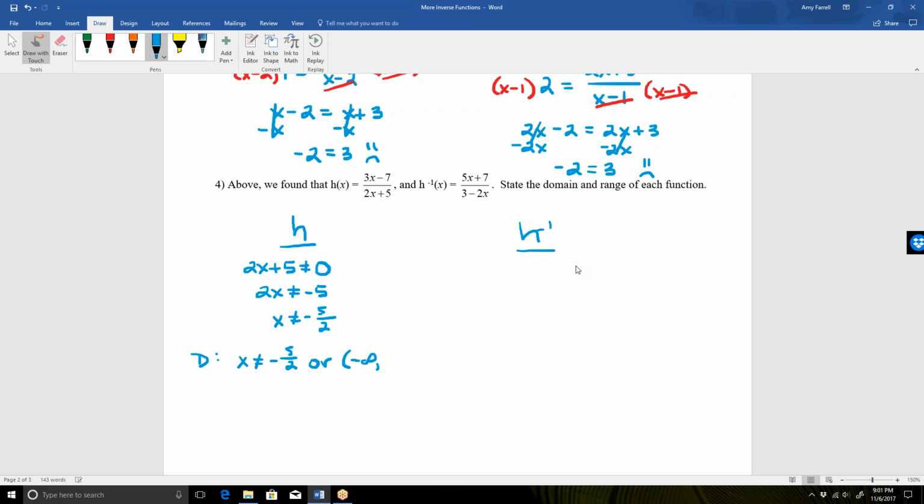Or if you want to write that in interval notation, it looks like this. Now this is the range of h inverse of x. I'll leave some room up here for the domain. The range of the inverse function will be exactly what we just found, except I am going to use the y variable, not the x variable, because when we're talking range, we're talking possible values of y.